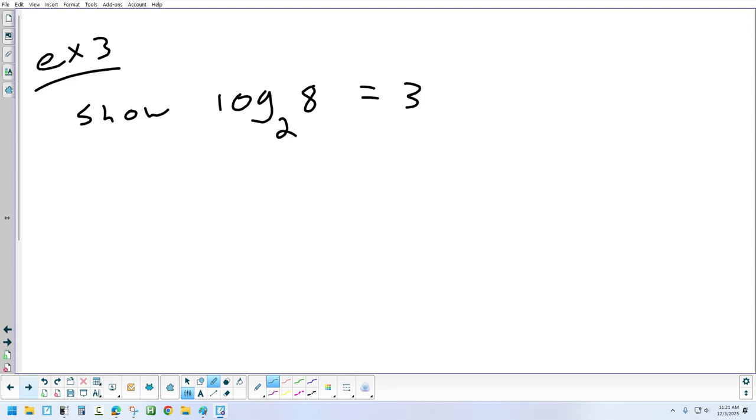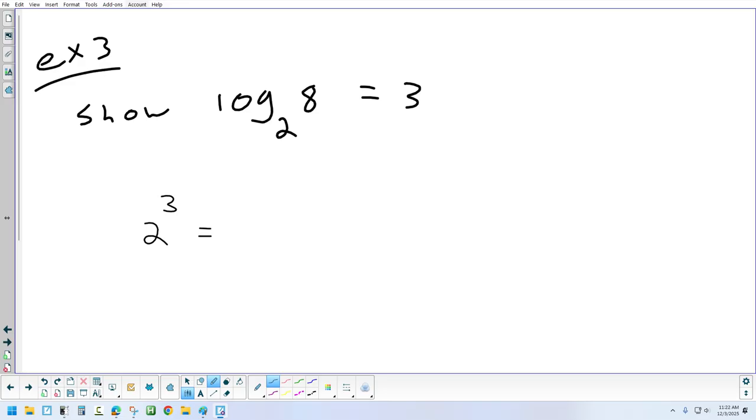Let's start with our base. What's my base here? Yep, 2. What about my exponent? Three. Logarithm always equals the exponent. So there's my base, there's my exponent. And what do we call the thing that ends up by itself?